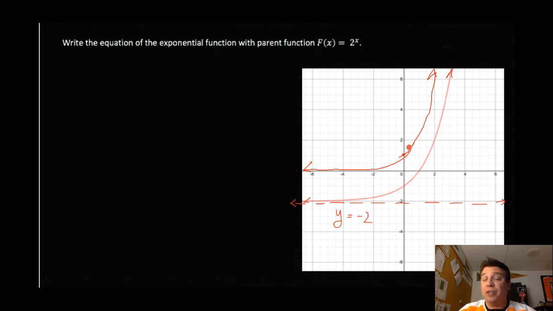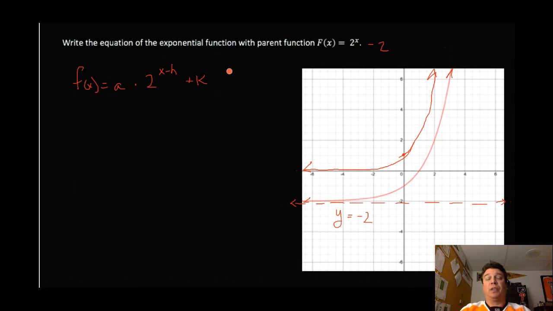From all of the other work that we've done, we know that we have to have minus 2 at the end. My advice now is to take a point that is on this graph and use that point to figure out what the leading coefficient would be. Remember, we have f of x is equal to a times the base, in this case 2 to the x minus h, and then on the outside, plus k.